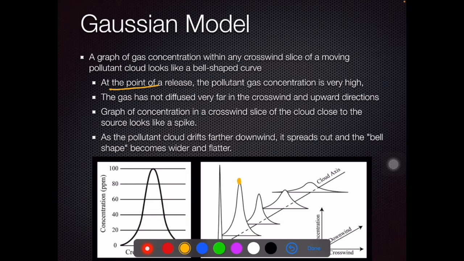However, it is not diffused very far. It's at a smaller location here. However, as it moves further away from the source, the concentration decreases. It will spread more to the sides. So this is how a gas is calculated and modeled.